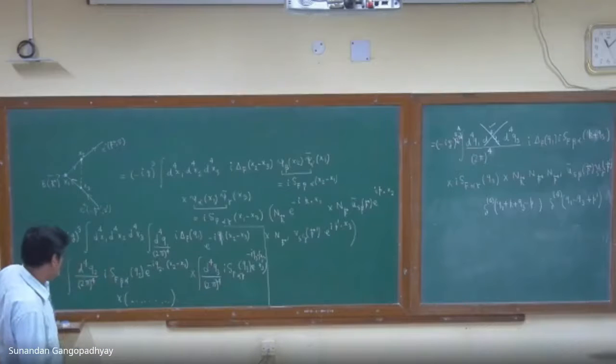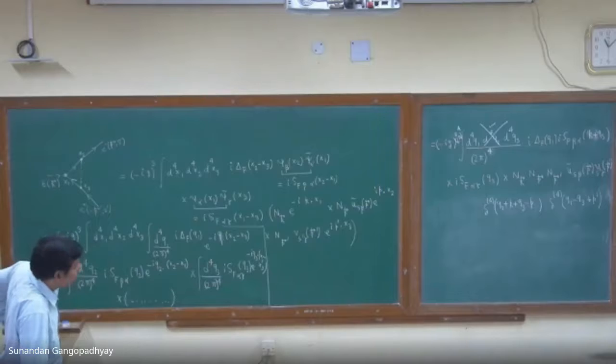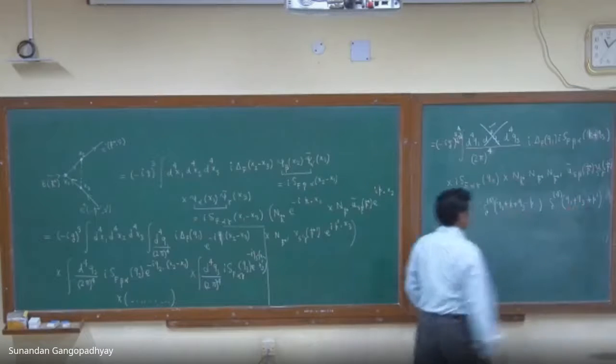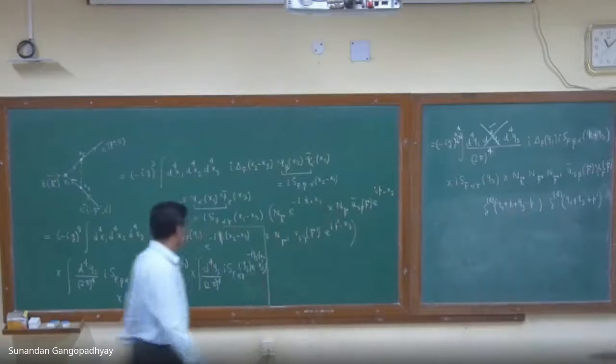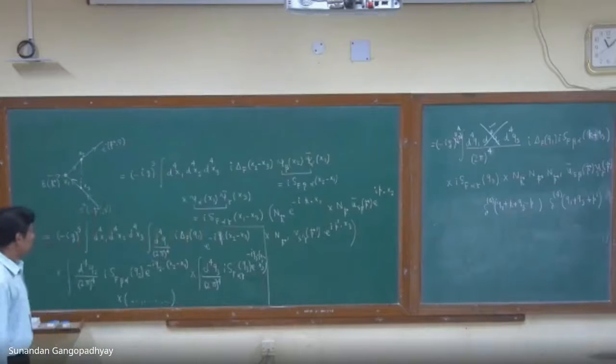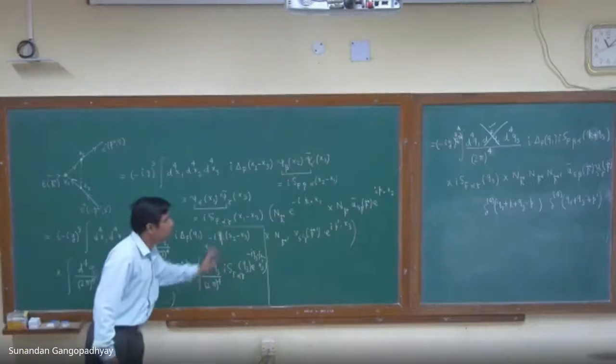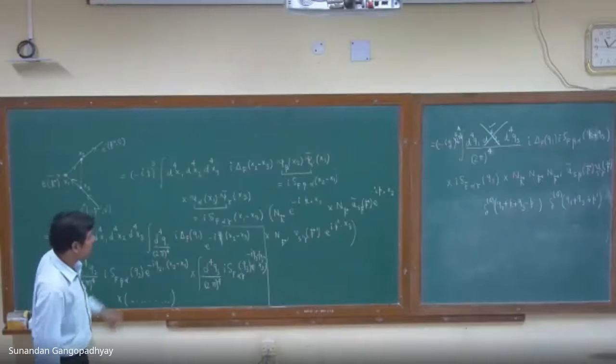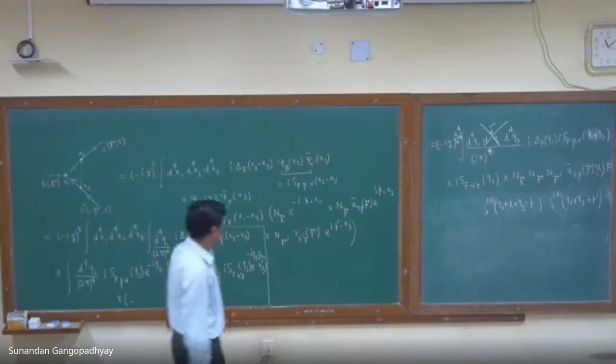Let me just check. It's C, so Q3. So this will be plus. This will be plus. This is plus. This is Q1. And then we have the P prime.